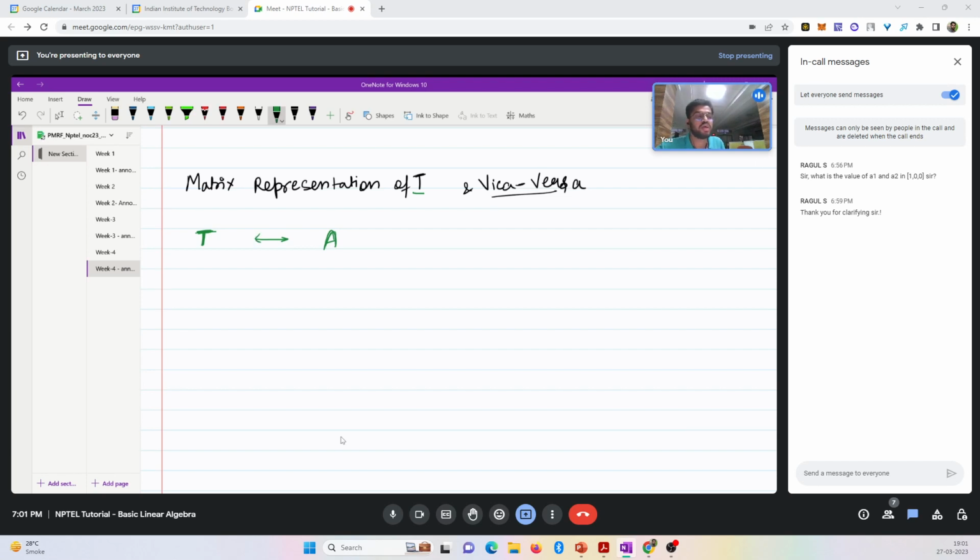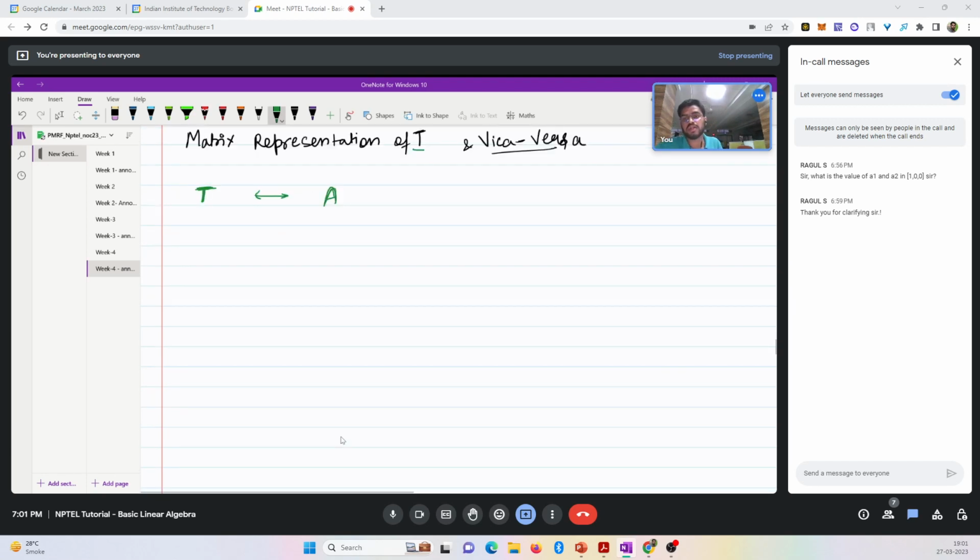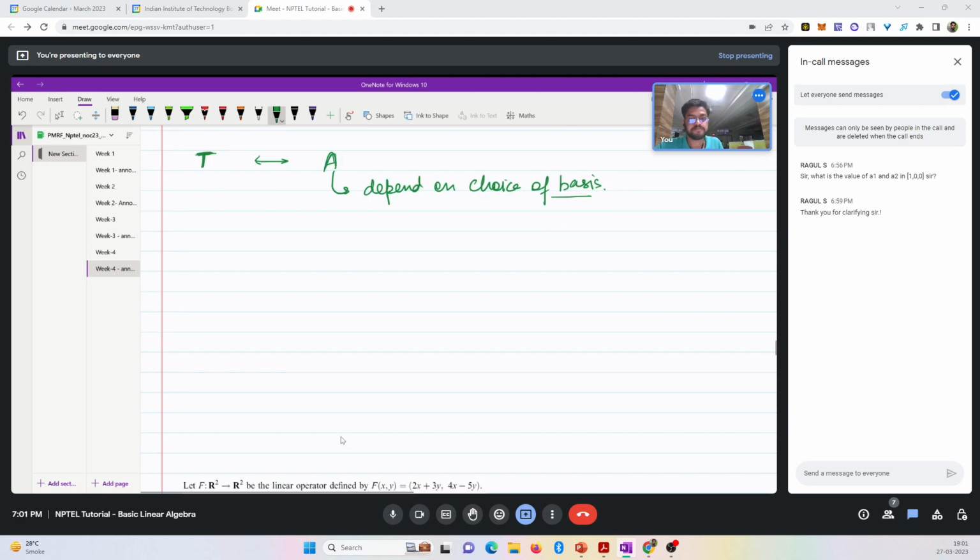So we'll look at how we can find it. First thing that I want to mention is this matrix would depend on the choice of your basis. So what does that mean? That your A won't be unique, right? Based on whichever basis you choose, you will get different A's.